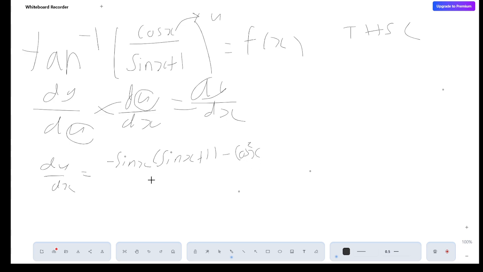Okay, so you've got this function, put it over sin x plus 1. Nothing special. Now you apply the negative throughout and you get negative sin squared x minus sin x minus cos squared x, all over (sin x plus 1).